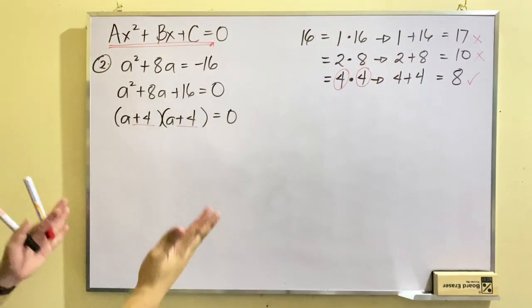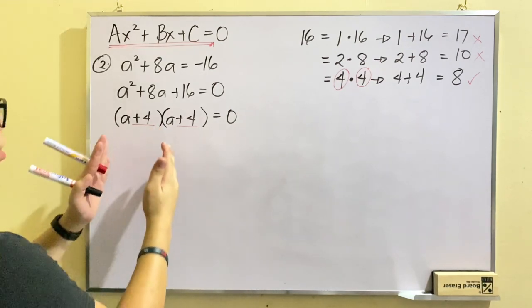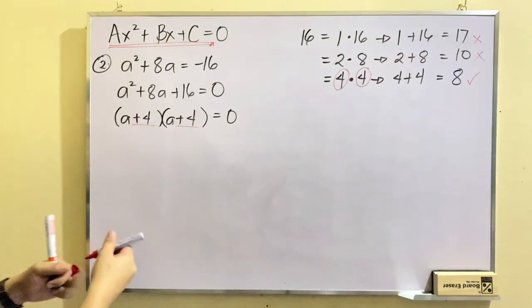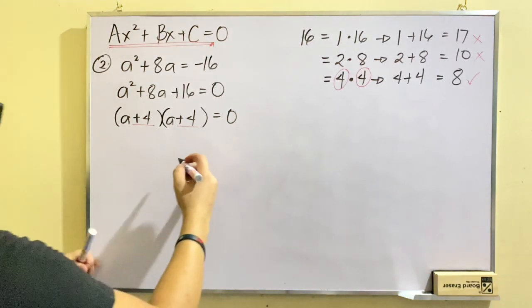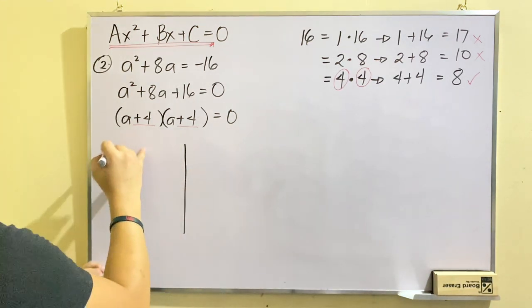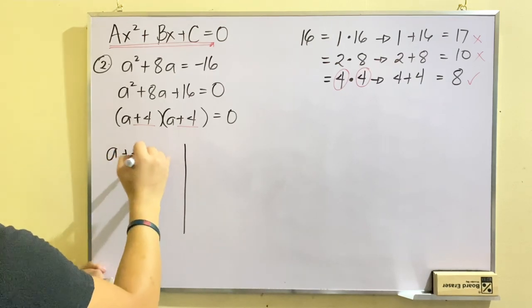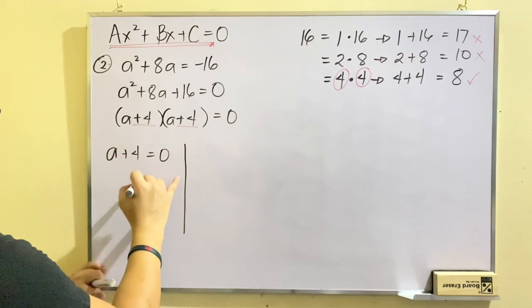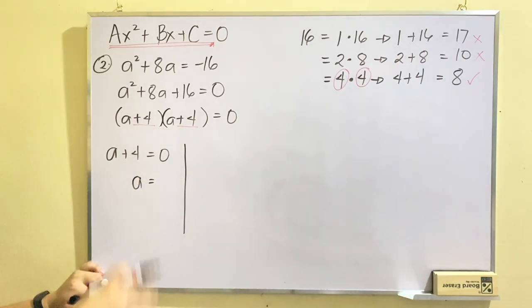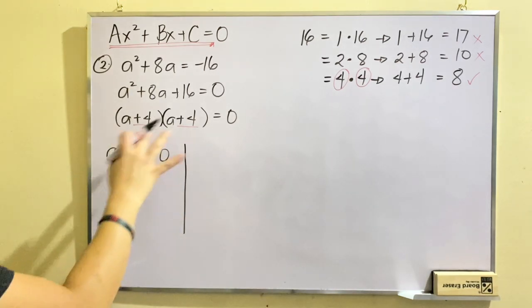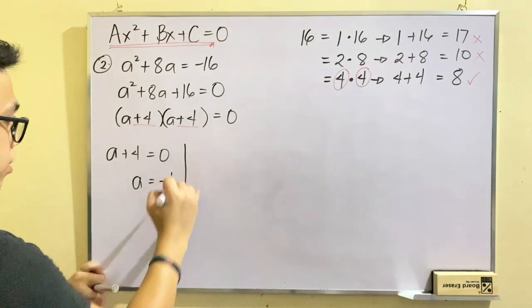Next, i-equate natin yung both na binomial sa 0. Ang mangyayari dito, A plus 4 is equal to 0. A is equal to, kapag niliban natin yung positive 4 sa kabila, magiging negative 4.